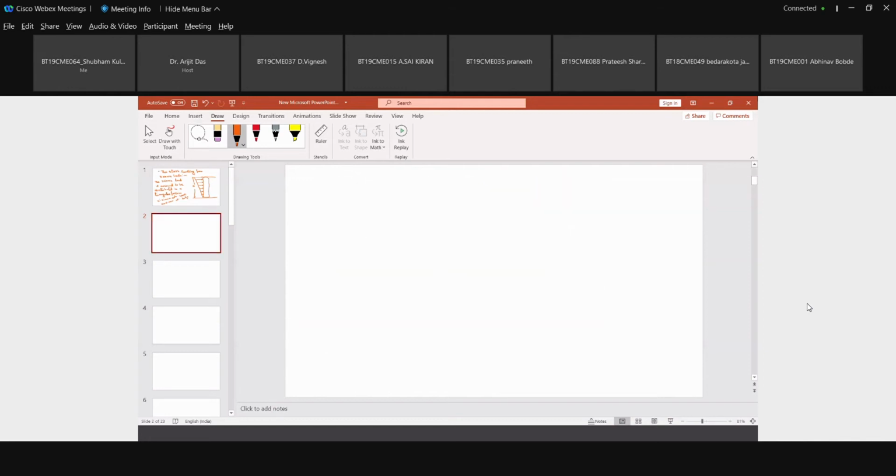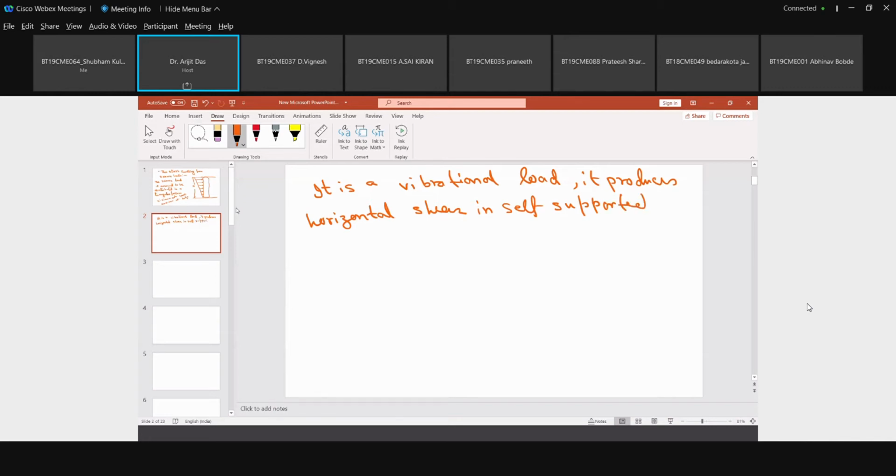Now, it is a vibrational load, and it produces horizontal shear in a self-supported tall vertical vessel.